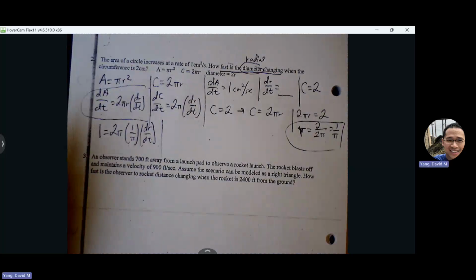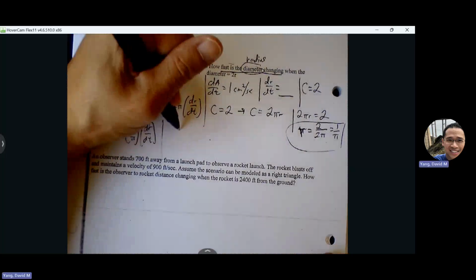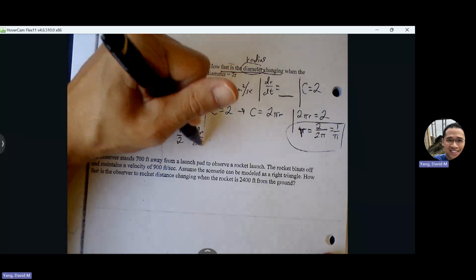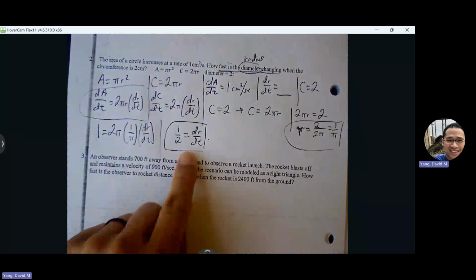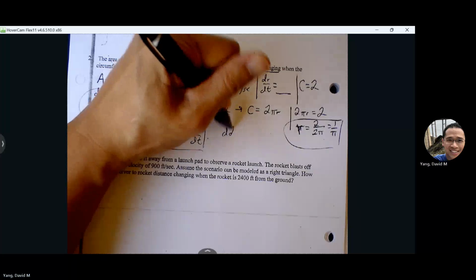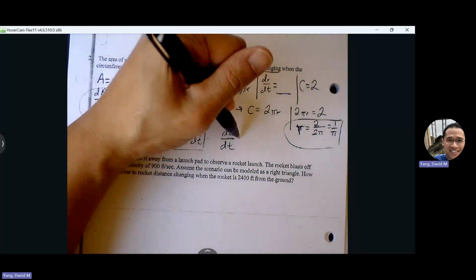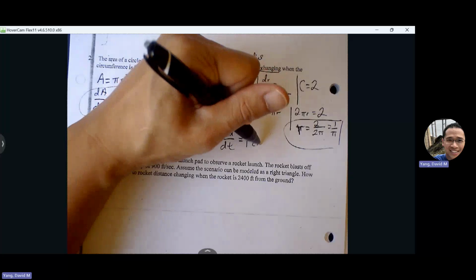The pi's cancel out. I'm just left with 1 equals 2 dr/dt. So 1/2 equals dr/dt. So if 1/2 is the rate at which the radius is changing, then the diameter is simply double that. So my dd/dt, the rate of change of the diameter, is simply 1 centimeter per second.